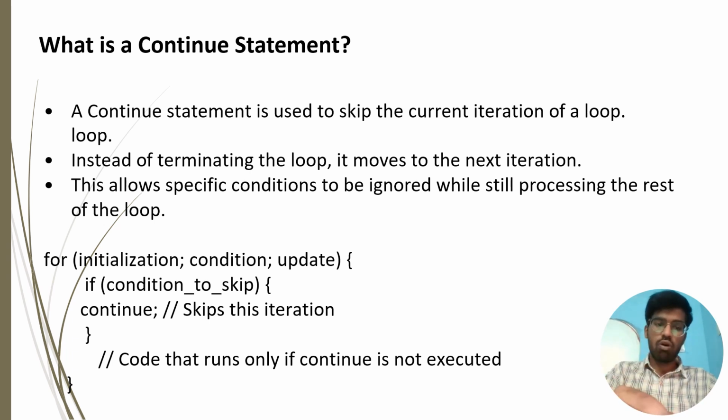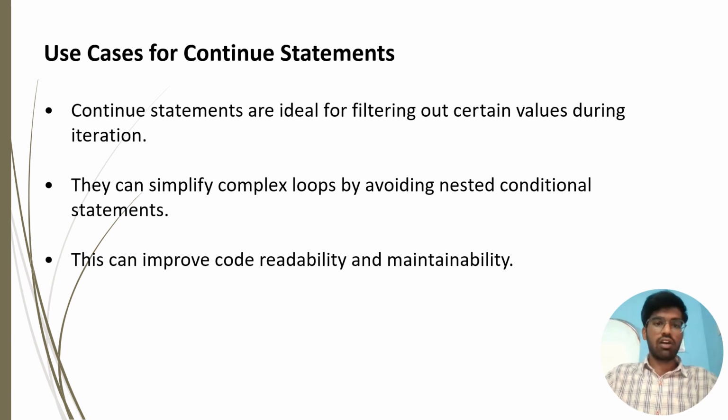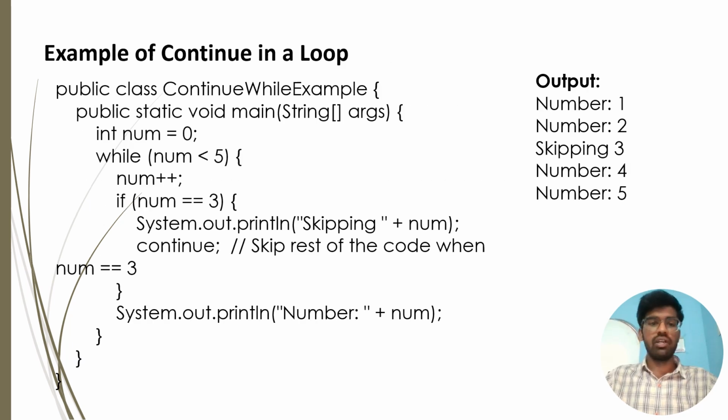At that moment it skips, and the remaining elements are displayed. This allows a specific condition to be ignored while still processing the rest of the loop. Continue statements are ideal for filtering out certain values during iteration. They can simplify complex loops by avoiding nested conditional statements, which improves code readability and maintainability.